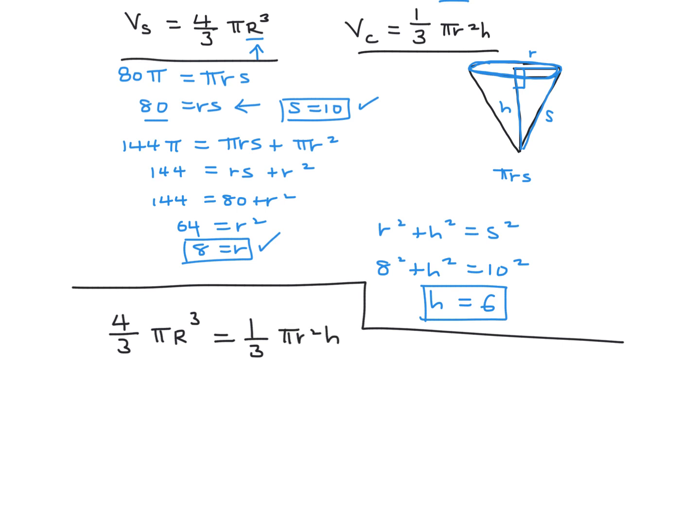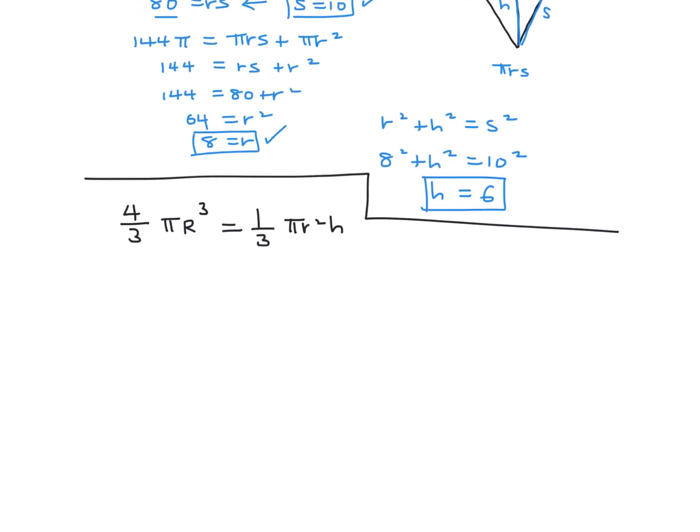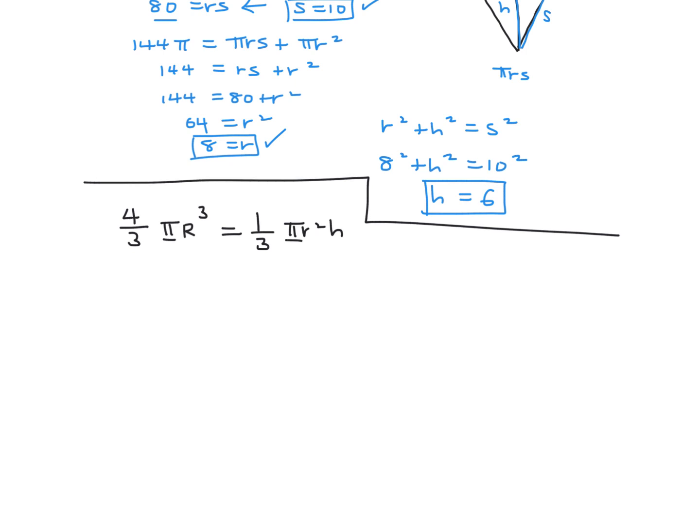I think I just plug it all in and solve for the big R. So the pi's go, and the 1/3 go, so this is just going to be 4R cubed is 8 squared times h, which is 6.